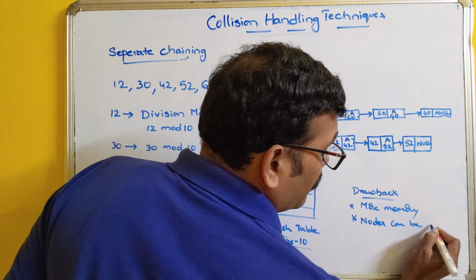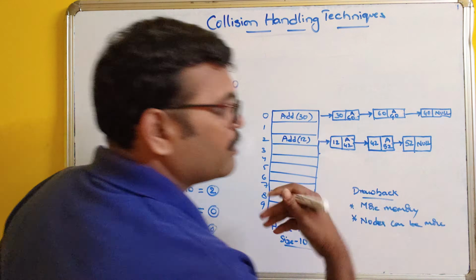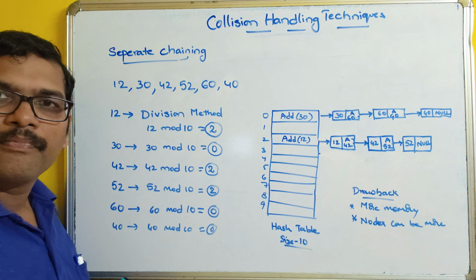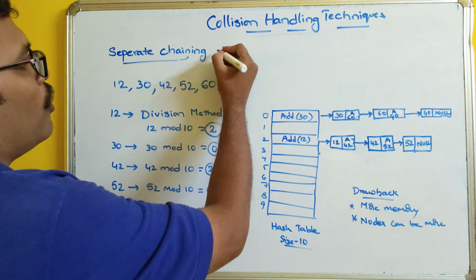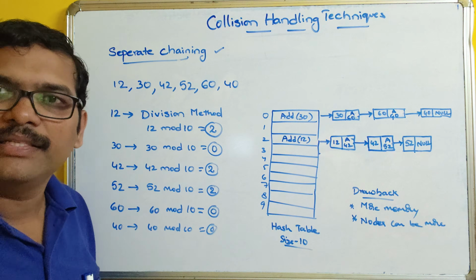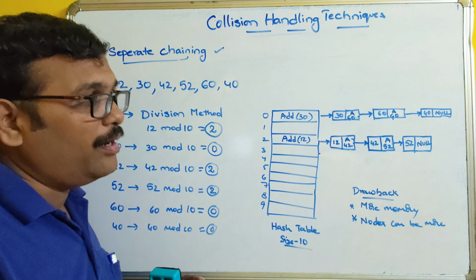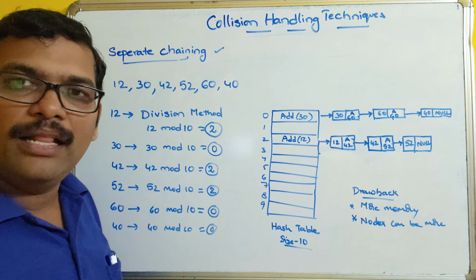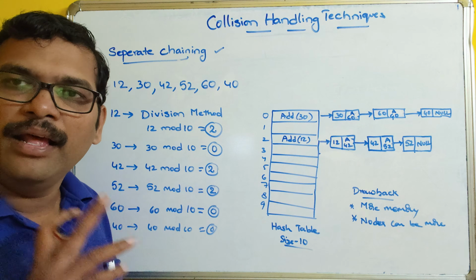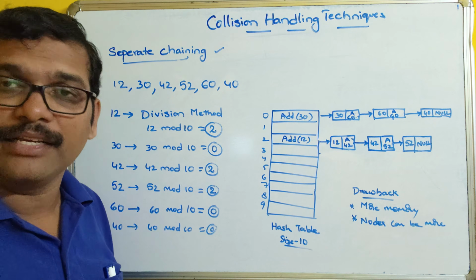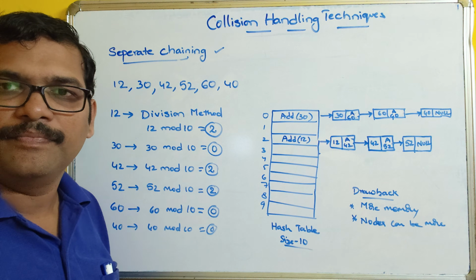This process is called separate chaining, one way to handle collision in hashing in data structures.